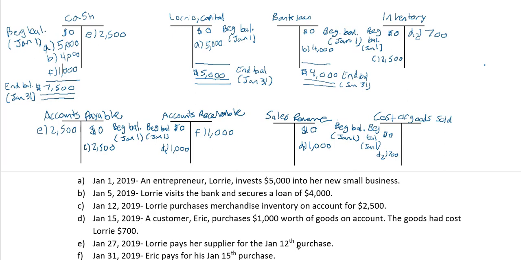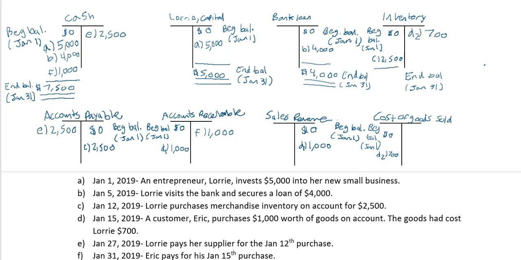And let's look at inventory here. I'm going to cheat a little bit. I'm going to write it over here because I'm painfully low on white space. And we do need to do some math here.